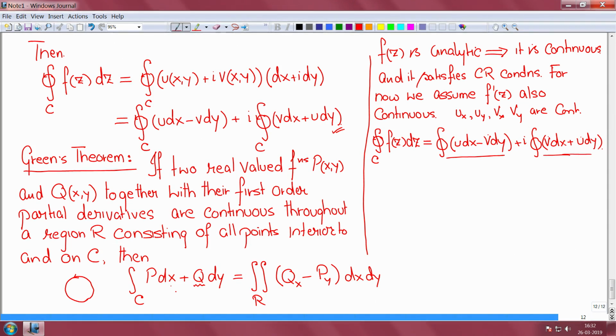So Green's theorem now applies. What happens to this? This ends up as an area integral over the region that C encloses.